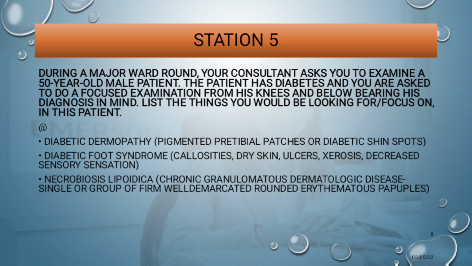Then you can also look for any necrobiosis lipoidica, which is a chronic granulomatous dermatological disease, where there is a single group of well demarcated rounded erythematous papules. You can also look for any bullosis diabeticorum, which is an eruptive blistering condition.